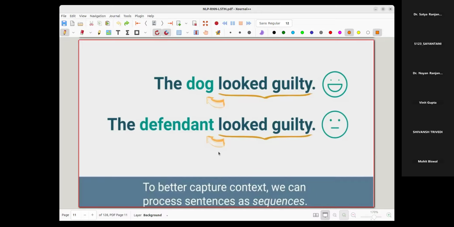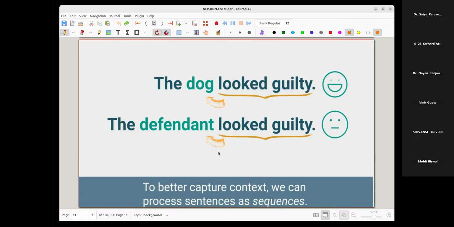So here three things we have noticed. One is that word order matters in order to understand the total meaning of the sentence. Number two, variable length input is required, because the sentence length is not the same for every sentence. Number three, the words depend on their surrounding words. We call this the context.